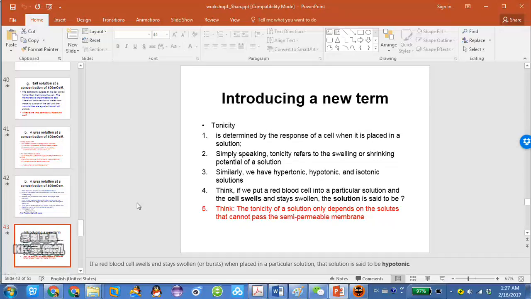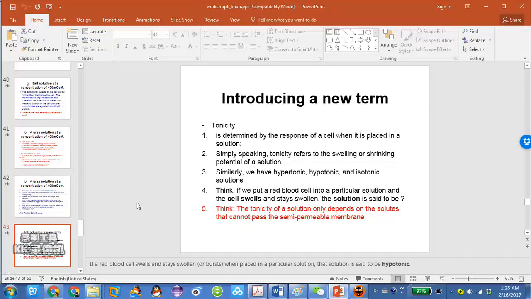And when we put a cell into a certain outside solution, if the cell shrinks, we say the outside solution is hypertonic to the cell. And apparently, when we put a cell into an outside solution and the cell stays the same, we say the outside solution is isotonic to the cell.